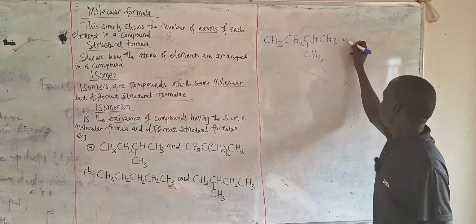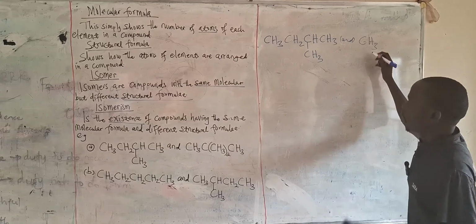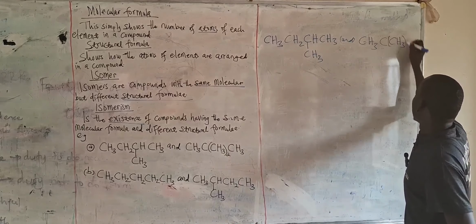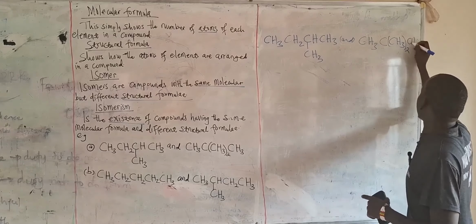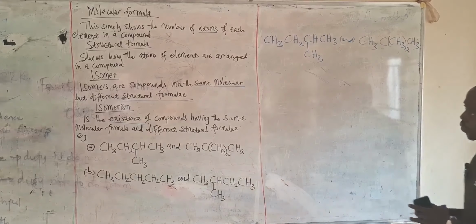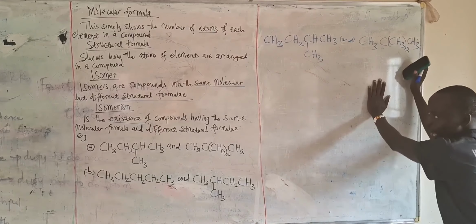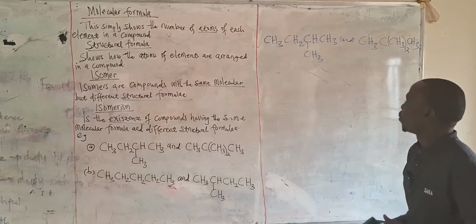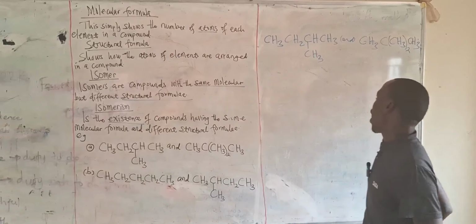Then we have CH3, of course, then another CH3, then it is closed outside, then we have CH3. Now, let's say this compound and this compound are isomers. Why? Because when we look critically, we shall say they have the same molecular formula. How?